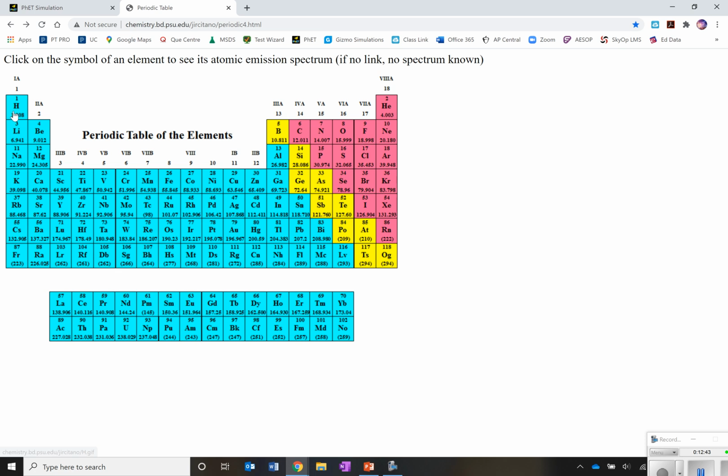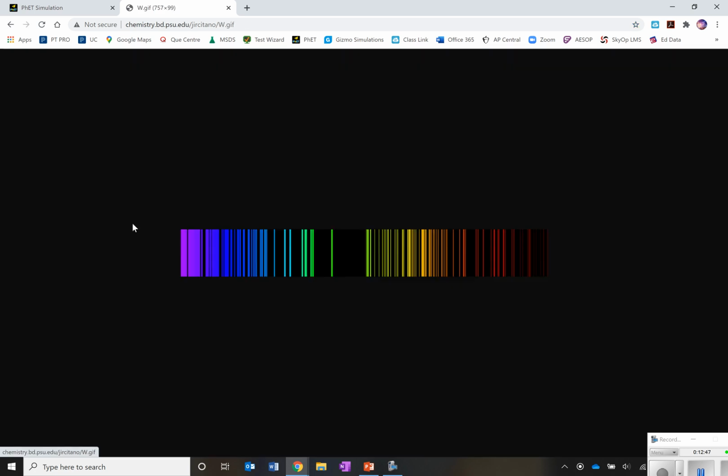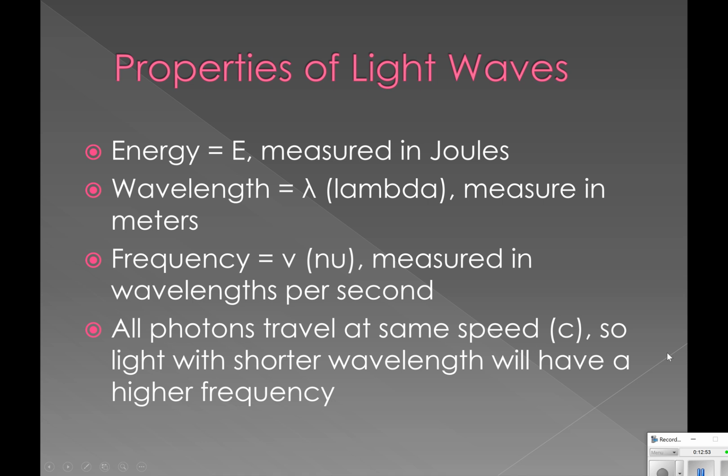And these, again, will be very different from each other. Some are a little bit simpler, and some can be kind of hairy. Very pretty, though.